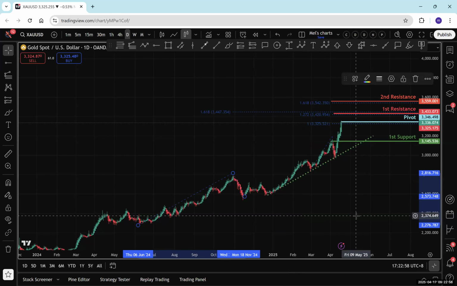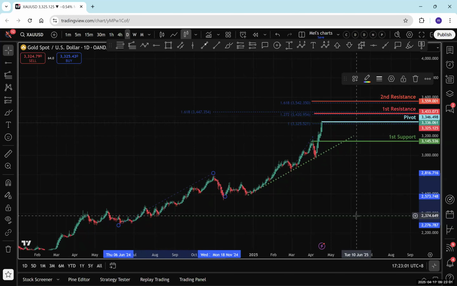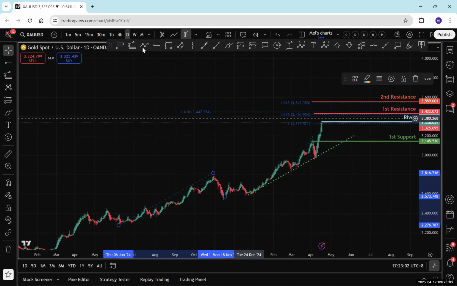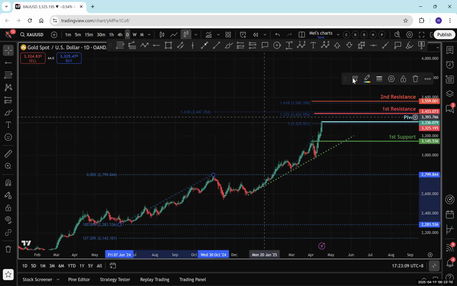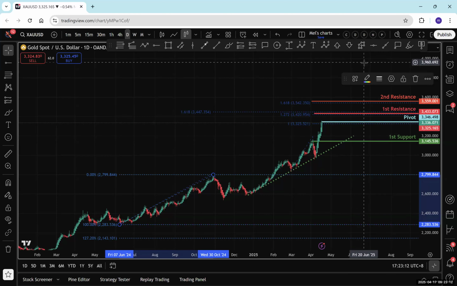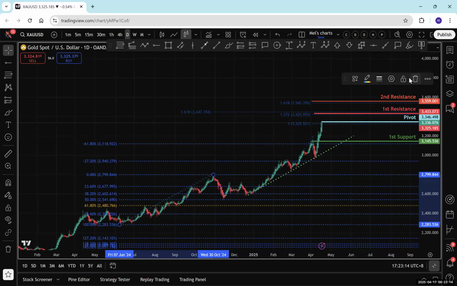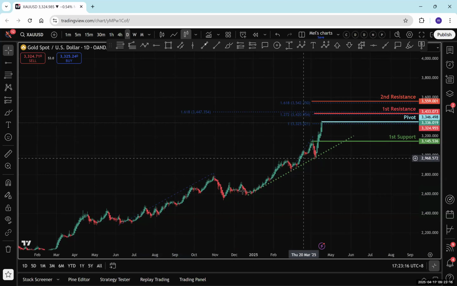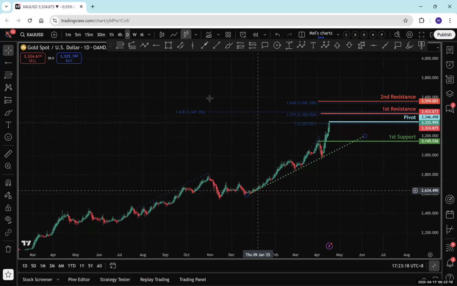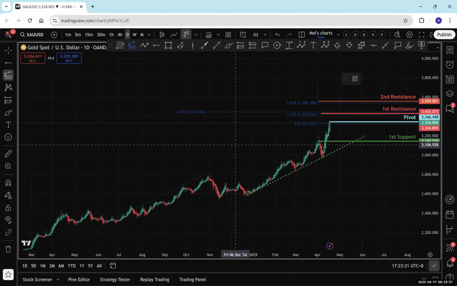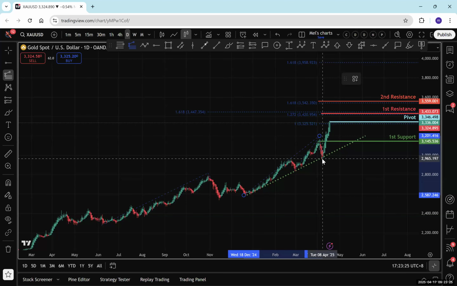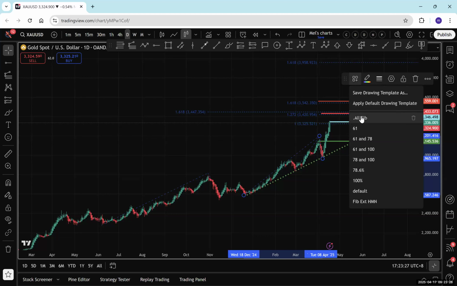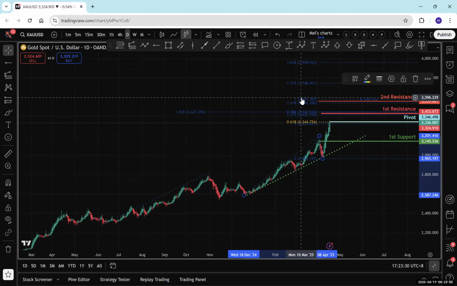I'm also gonna go in with a Fibonacci expansion. Okay, let's see if there's any levels here.